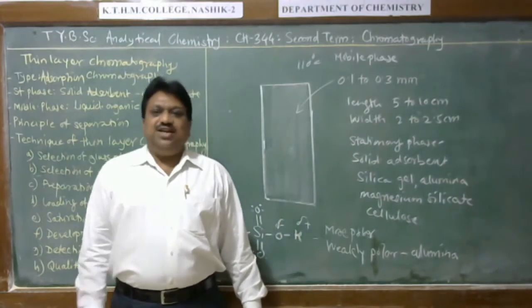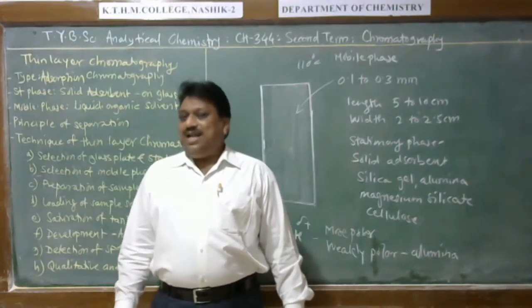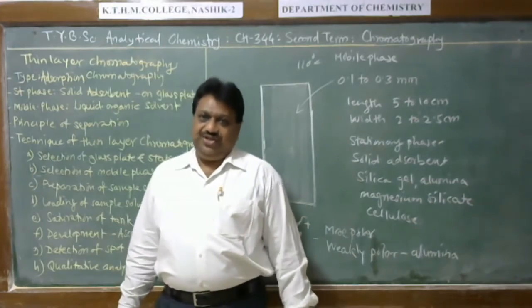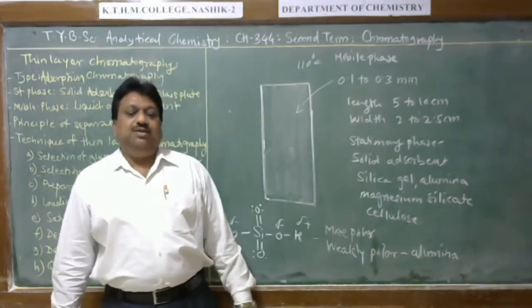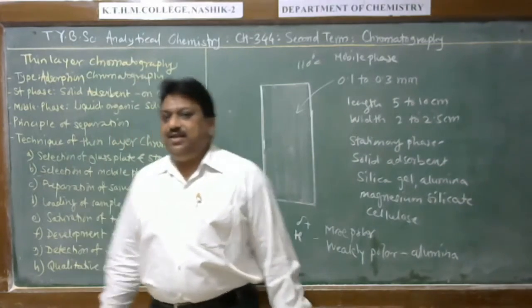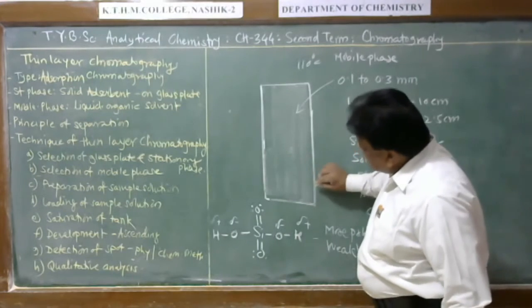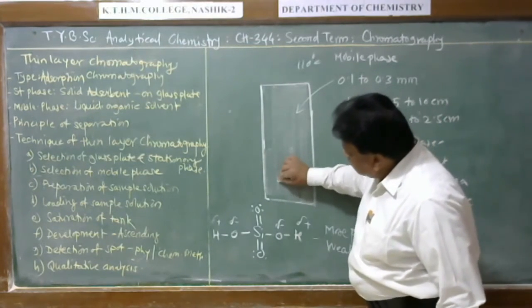But the sample is generally dissolved in a volatile solvent because we have to apply that sample onto the glass plate containing the stationary phase. Therefore, after preparation of the sample solution, by means of a fine capillary we have to load the sample on this glass plate containing the stationary phase in the form of a spot.